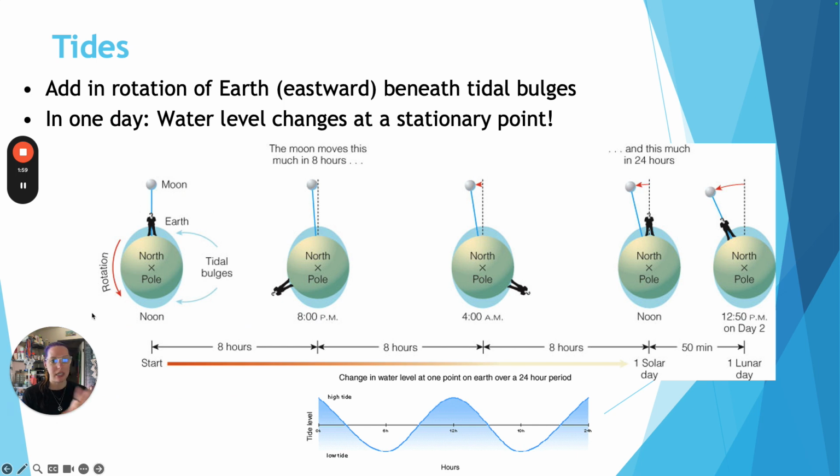So here's a neat little representation, or kind of like a schematic, of how the Earth rotates and where the moon is in regards to the Earth's rotation as well. This is maybe a bit of an odd point of view for Earth.